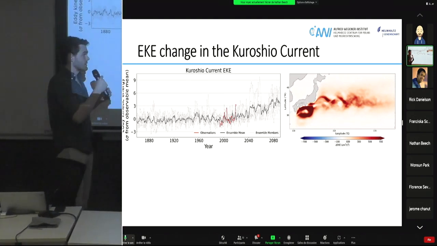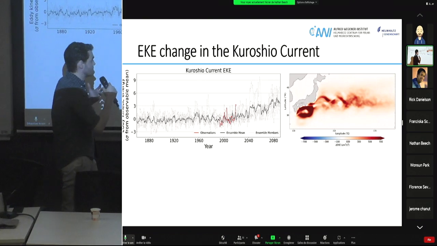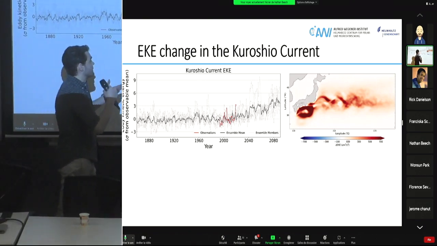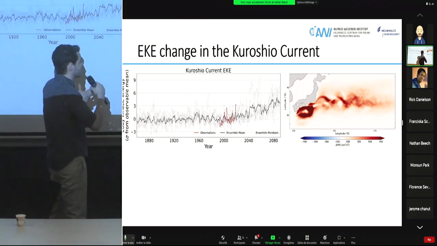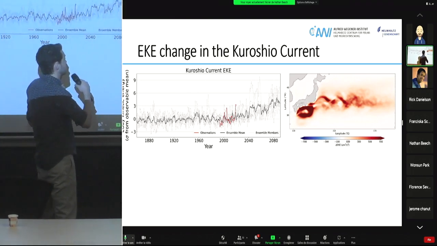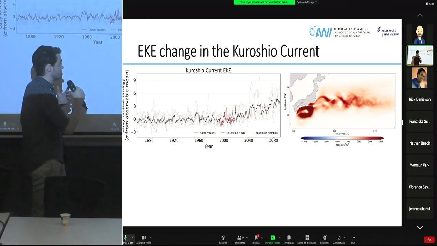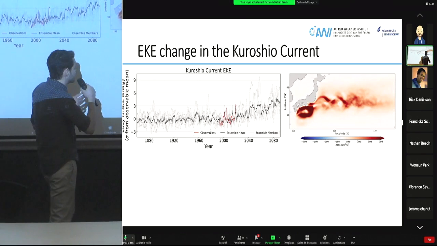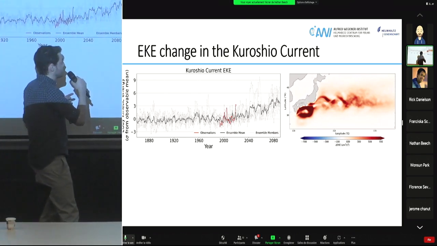And so I think this conversation came up a little bit earlier in this week in how we define eddy kinetic energy in terms of temporal variability or spatial variability. And so it is a trade-off in terms of how we define this.